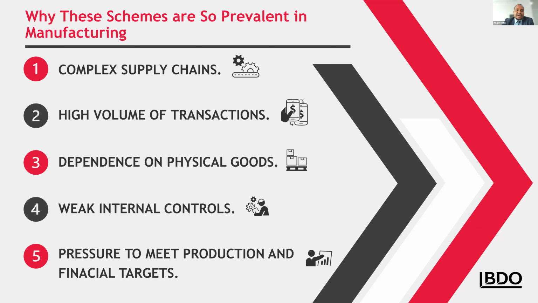An example that we've seen is where a manager overstates inventory levels or production figures to make it seem like the targets are being met, to the CEO, to the board, or to the executive committee, or they can engage in corrupt practices like bribery, just to secure cheaper raw materials, even at the expense of quality. All these factors combined contribute significantly to the prevalence of fraud schemes in manufacturing.